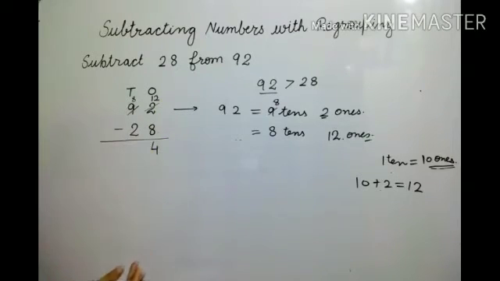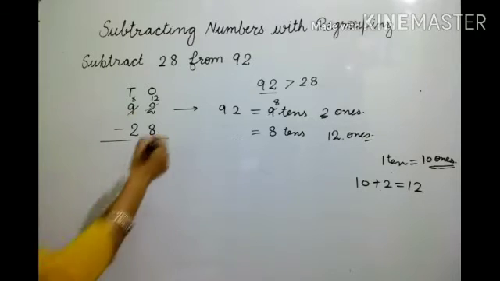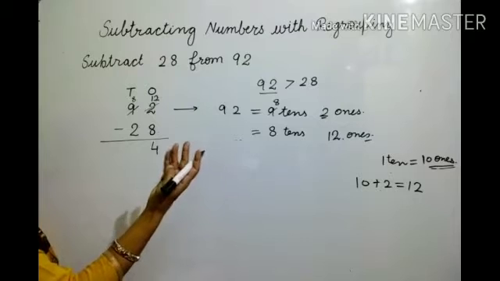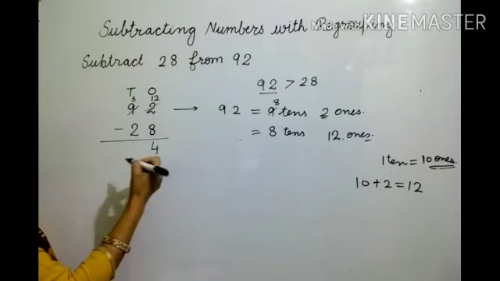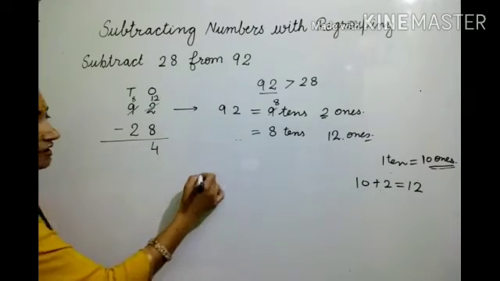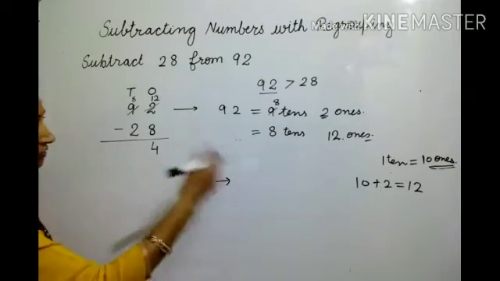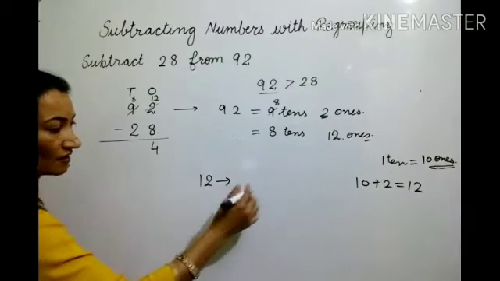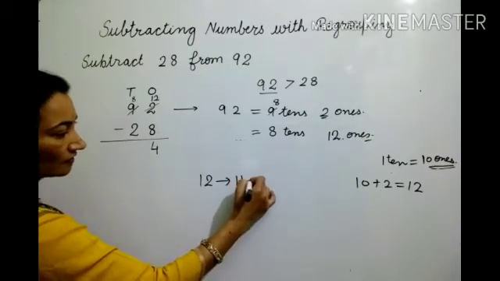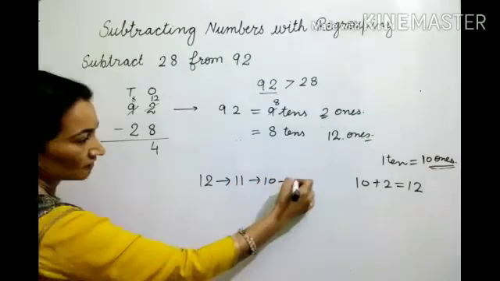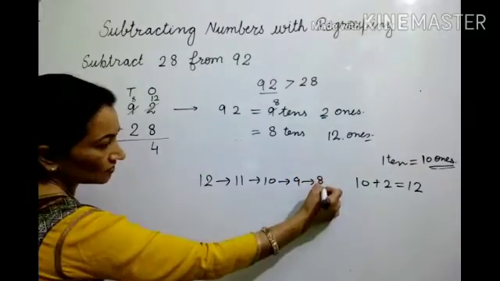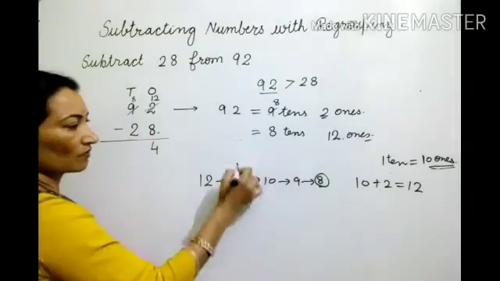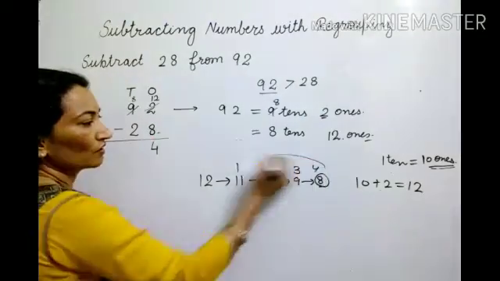We can count forward from 8 to 12: 9, 10, 11, 12. 4 boxes. So we will write 4. Or, from 12, go steps back and see where 8 comes: 11, 10, 9, 8. How many steps do we go back? 1, 2, 3, 4.